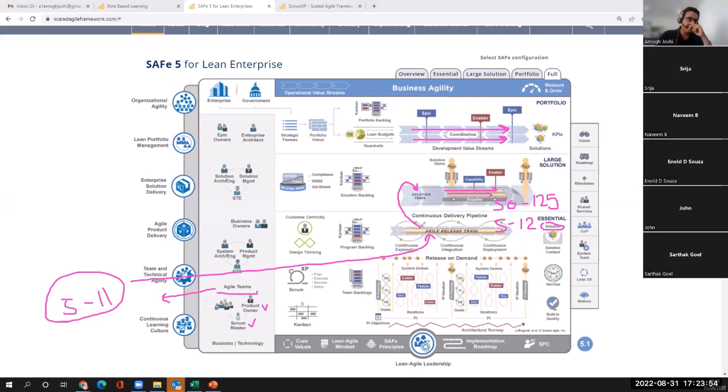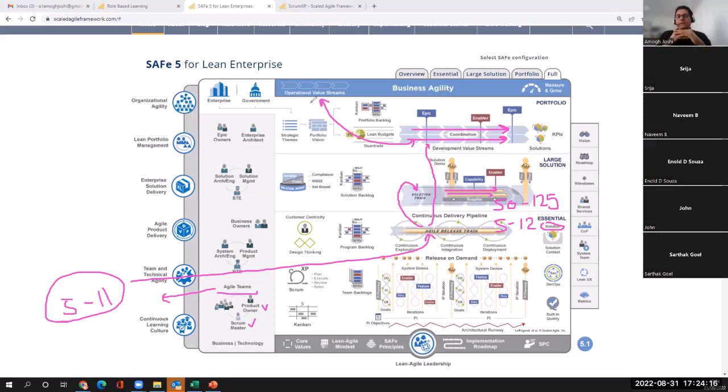Multiple trains formulate development value streams, and there can be one to one, many to one, and one to many relationships between development value streams and your operation value stream as well. So this is how people are organized to deliver value.